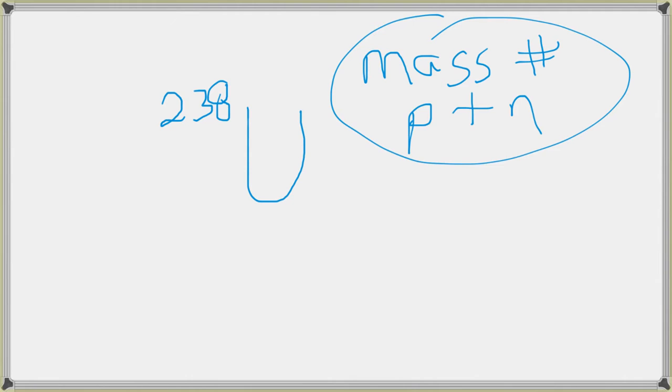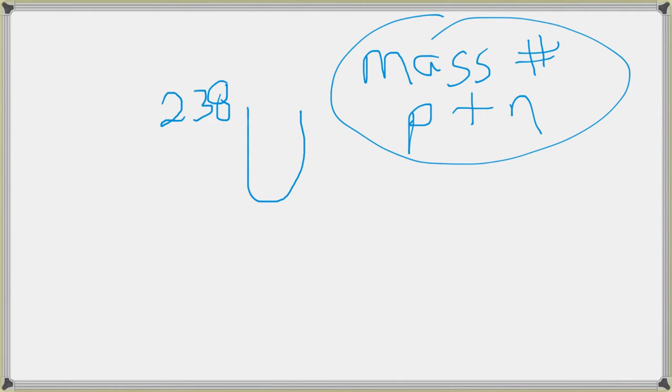But typically, you should say that that is the number of nucleons, which is the number of particles that would be found in a nucleus. And the things that are found in the nucleus are a proton and a neutron. So for the purposes of this video, I'll be referring to that as the number of nucleons, either protons or neutrons or protons plus neutrons, things that are found in the nucleus.